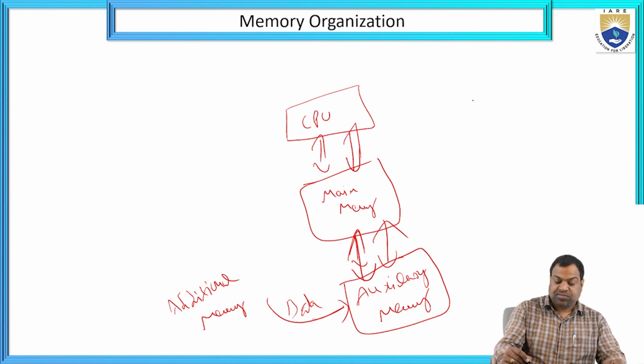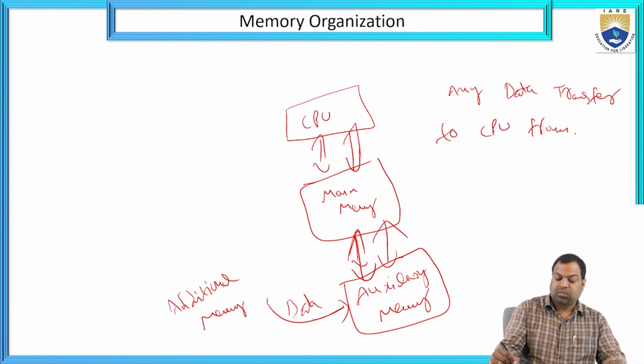So any data transferred to the CPU from auxiliary memory, through the main memory only it is possible.